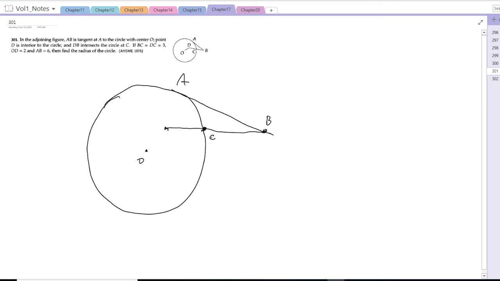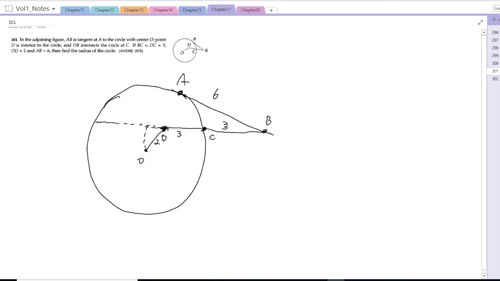Now what we know is BC equals CD equals 3. And we know OD equals 2. AB equals 6. Okay, so because AB is the tangent line, we want to use the power of the point B, right?